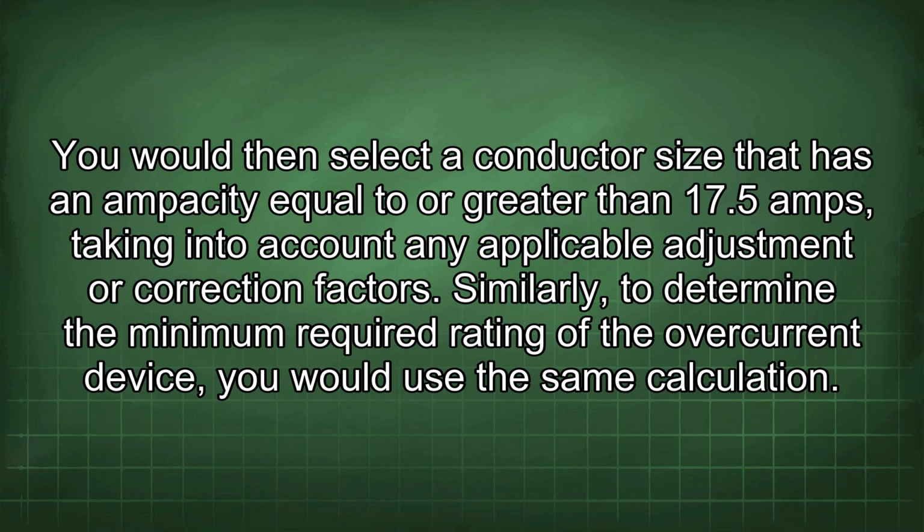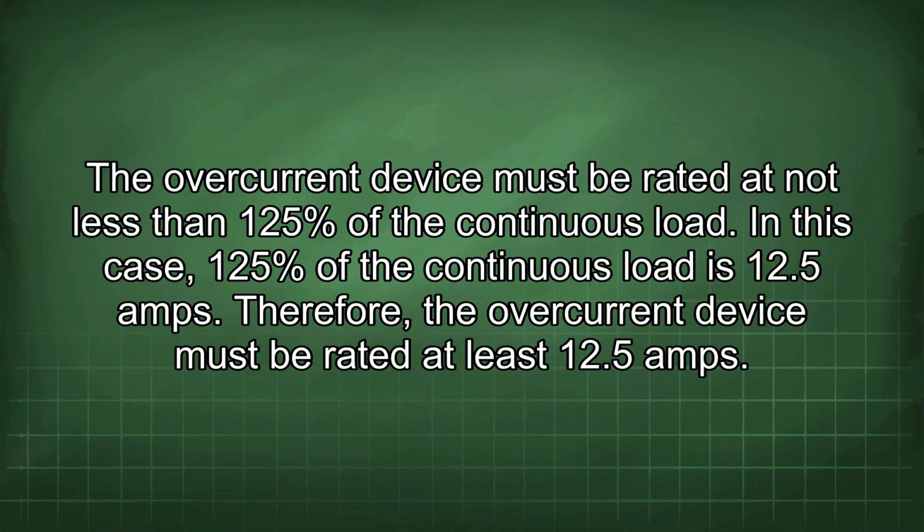Similarly, to determine the minimum required rating of the overcurrent device, you would use the same calculation. The overcurrent device must be rated at not less than 125% of the continuous load. In this case, 125% of the continuous load is 12.5 amps. Therefore, the overcurrent device must be rated at least 12.5 amps.